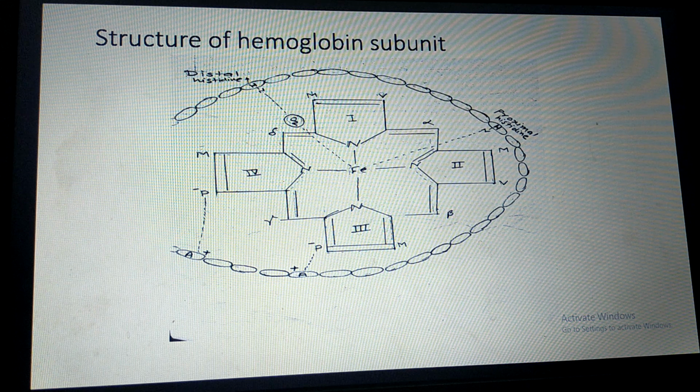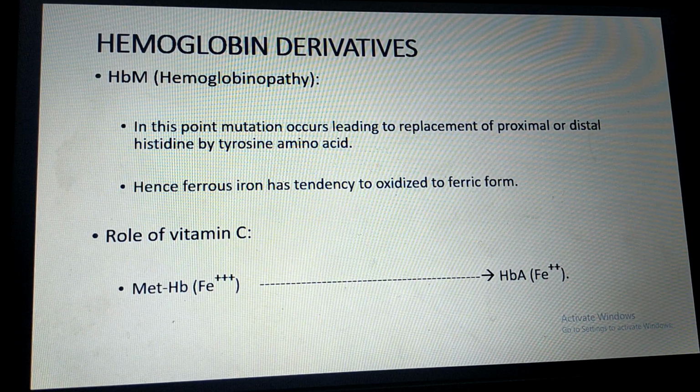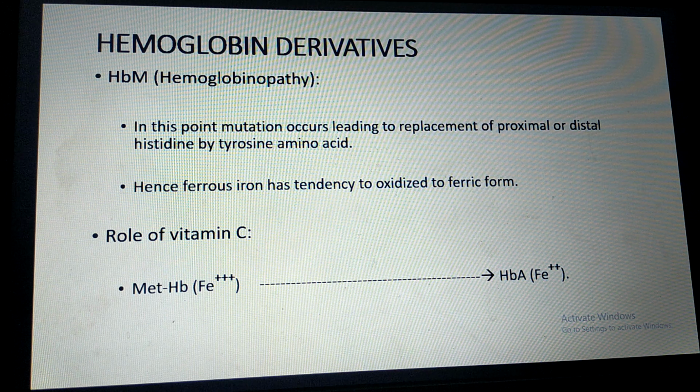If this proximal histidine or distal histidine is replaced by tyrosine due to point mutation, then the iron will not form a bond with this new tyrosine molecule. So it is written here, due to point mutation, replacement of proximal or distal histidine by tyrosine amino acid. Therefore, iron has only 5 bonds. Normally it makes 6 bonds.